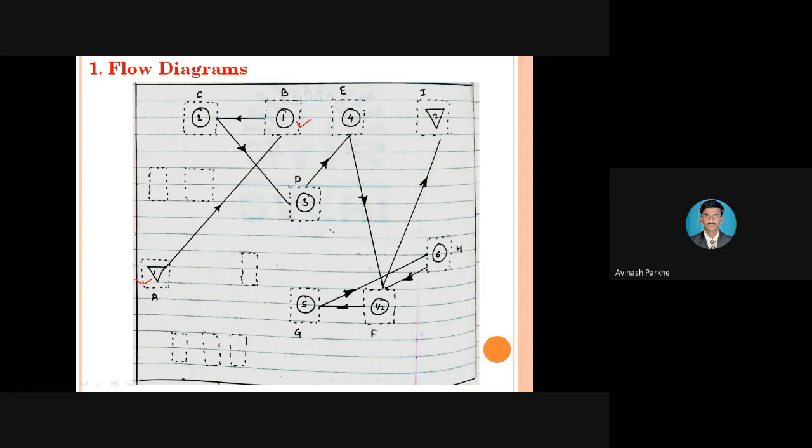Such numbers are represented at the center of the symbol, and whatever movement takes place from one station to the second, from second to third, from third to fourth, fourth to fifth, all those movements are represented by inclined lines along with arrows.